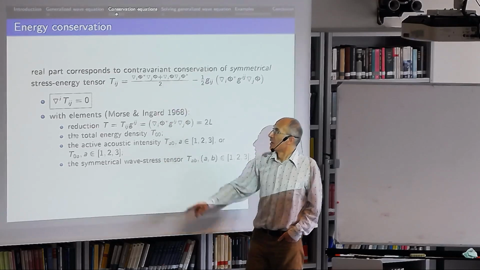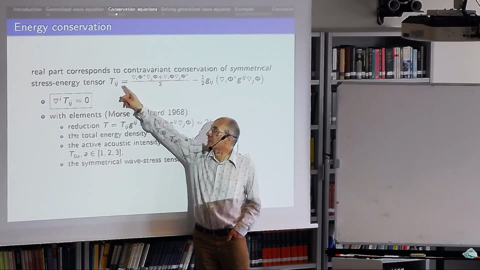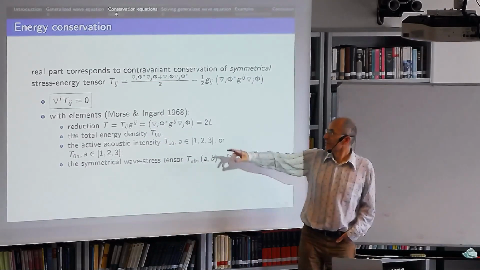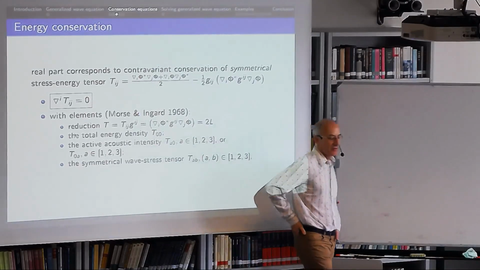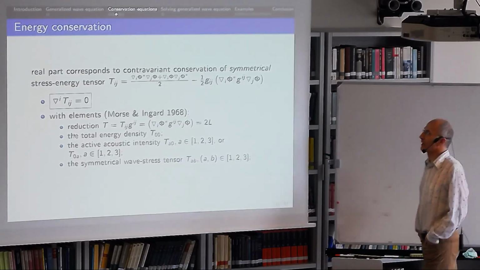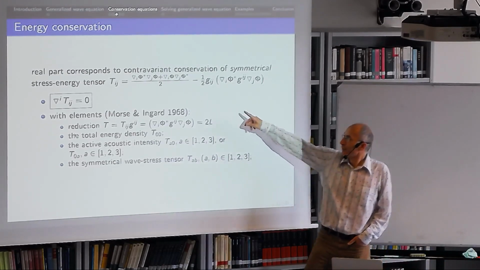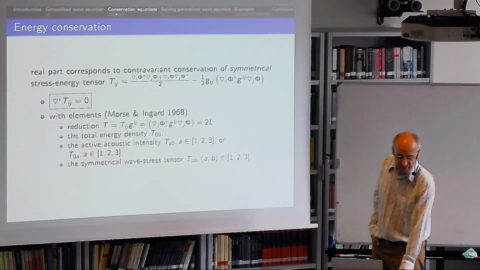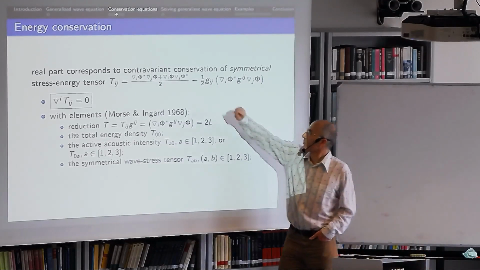It's a covariant tensor, which is the product of the velocity elements, the quadratic product of the velocity components, but of course, since we have a complex potential, we have to use the complex conjugate.